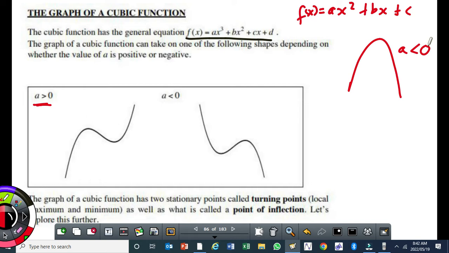Do you remember that? If a is negative, then you are going to have a sad face. If you have a minimum turning point, it means a is going to be positive, and we call that a happy face.